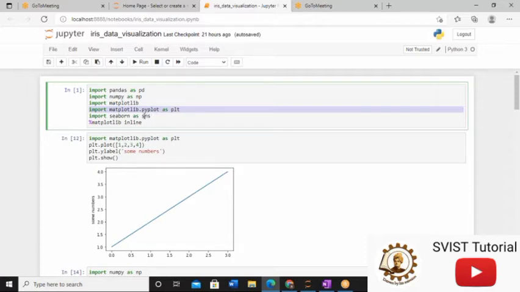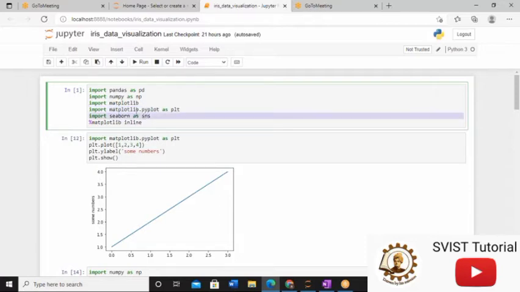Then we will discuss the Seaborn library, and then the exact meaning of %matplotlib inline. So let's discuss these three libraries first.